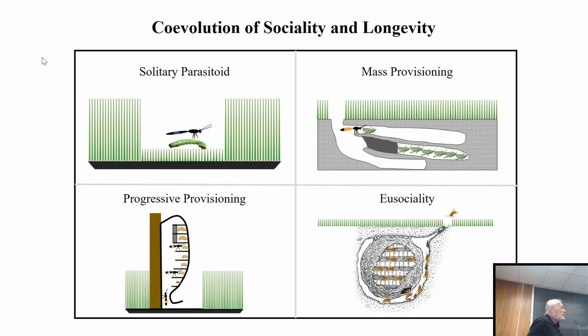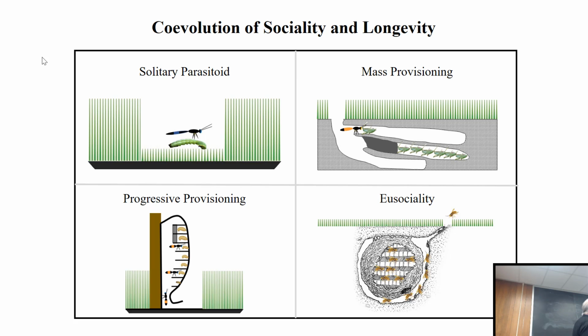Okay. Now, for social species, there's a famous wasp biologist, Howard Evans, that developed the evolution of sociality in wasps. He had 13 different stages of the evolution from a parasitoid to full eusociality.